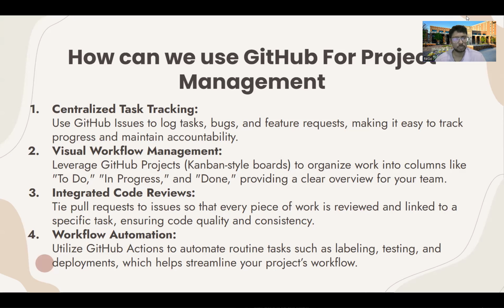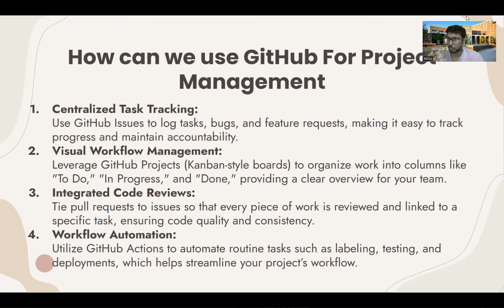Now, the next very useful feature is code reviews, which can be done on pull requests. I'll talk more about pull requests in later classes, but a pull request is basically this: I hope you understand how to make a Git commit.